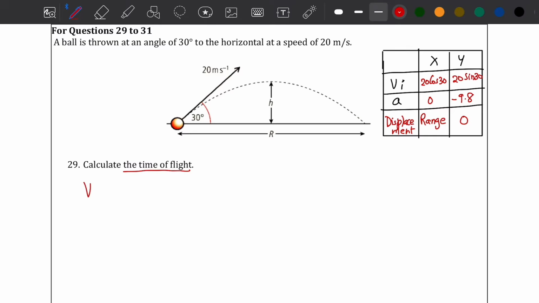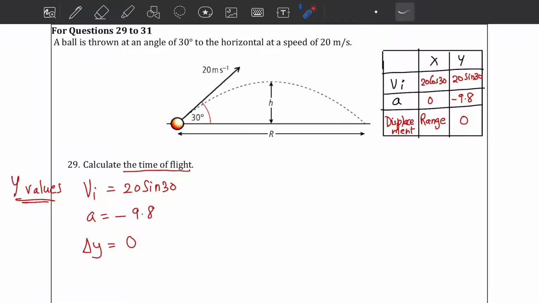So we'll write that Vi is 20 sine 30. So I'm using y values. Acceleration is negative 9.8. Displacement, which is delta y, is equal to 0. And also we know one more thing, because it's starting from the ground. If I want to show it on the diagram, this value actually comes out as 20 sine 30.